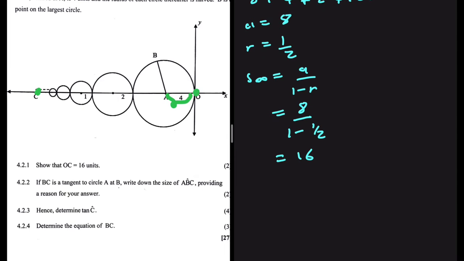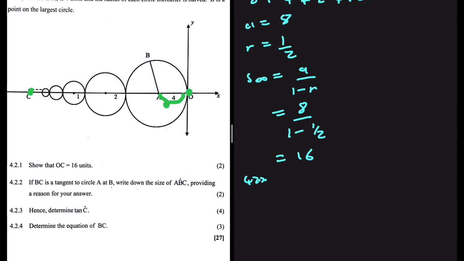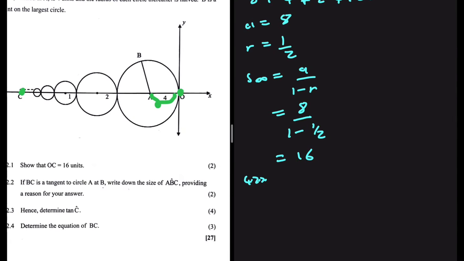Let's move ahead and do 4.2.2. If BC is a tangent to circle A at B, write down the size of angle ABC, providing a reason for your answer. Let's just join BC so that we can have a bit of clarity. So yeah, we need BC.